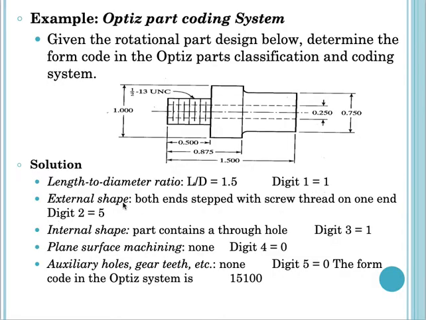Next, external shape. Both ends are stepped, with screw threads on one end, isn't it? External shape, what is that? Both ends stepped, this side also stepped with screw threads at one end. So digit 2 is 5.